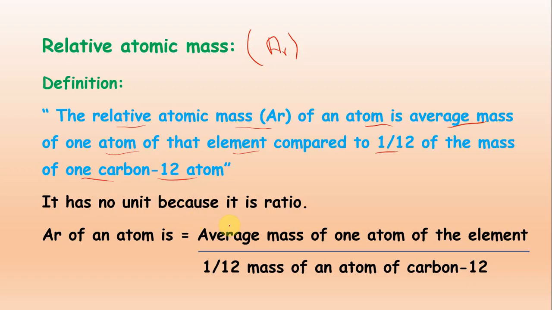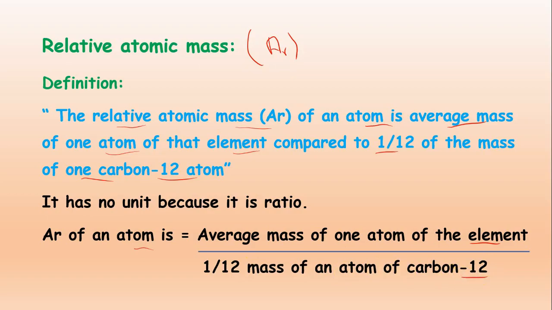It has no unit because it is a ratio, and Ar of an element is the average mass of one atom of the element divided by 1/12 of the mass of the atom of carbon-12.